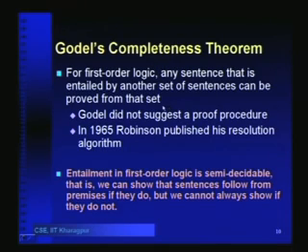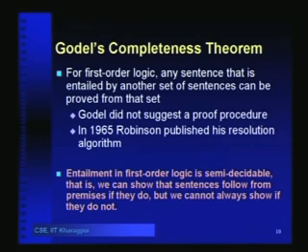In other words, if there is any sentence that you can deduce from a given set of sentences, then we will have a proof procedure that is able to do this deduction. In other words, the problem of deduction, or to find out whether it is entailed, whether it can be deduced, is solvable. This is what Gödel said.